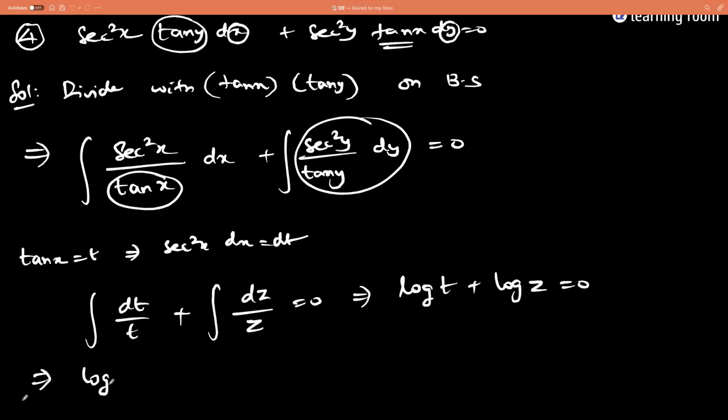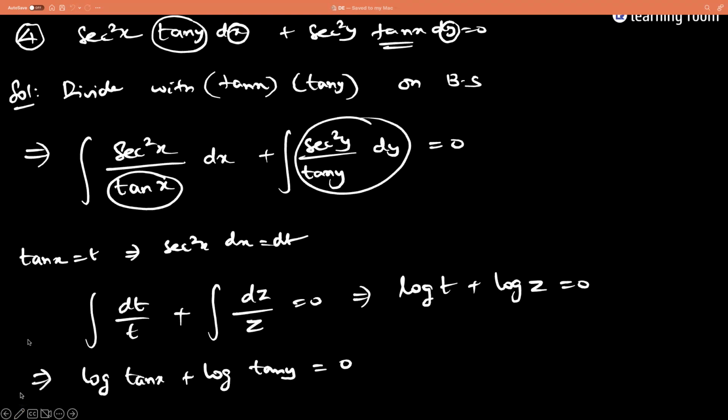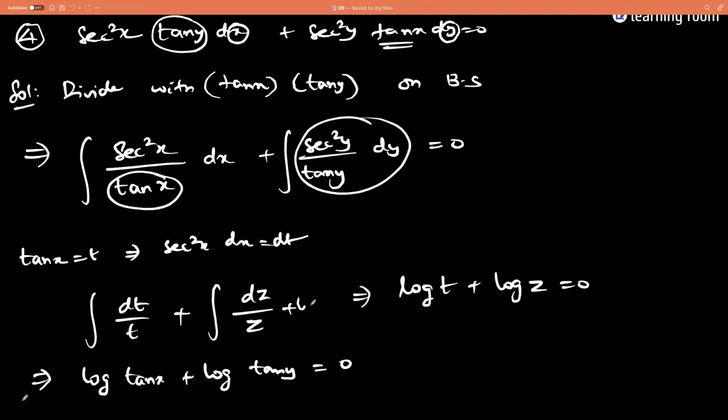This also implies log of tan x plus log of tan y is equal to 0. Right? What we can do is we'll add a constant since we are integrating, and say plus log c is equal to 0.